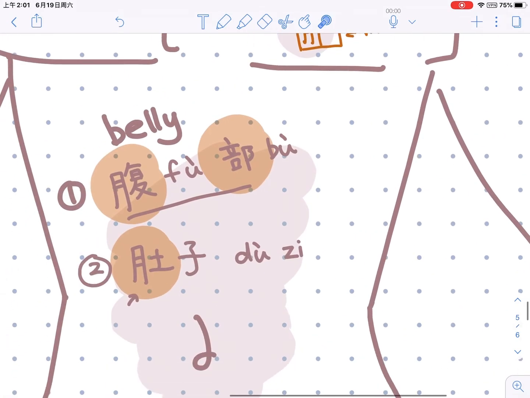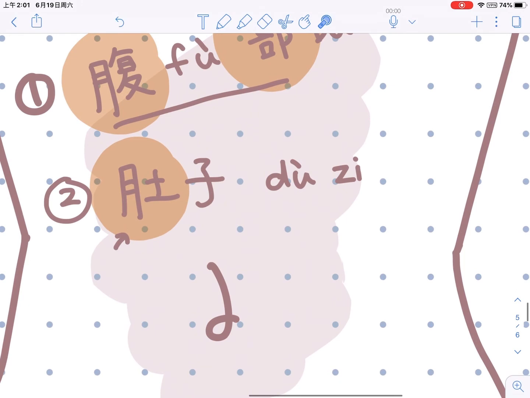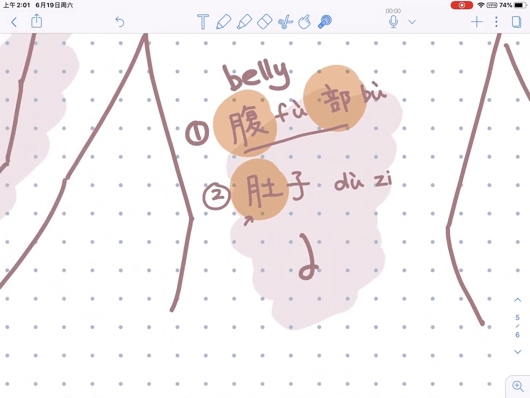And 肚子 has the same situation. Here 子, this character itself, should be pronounced as the third tone, but here it does not have that tone. It's just 肚子. That's it.